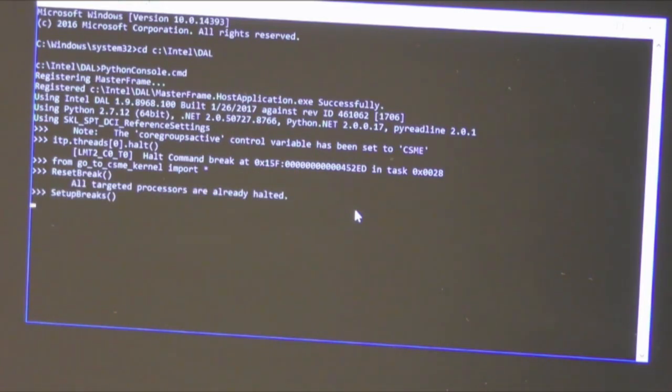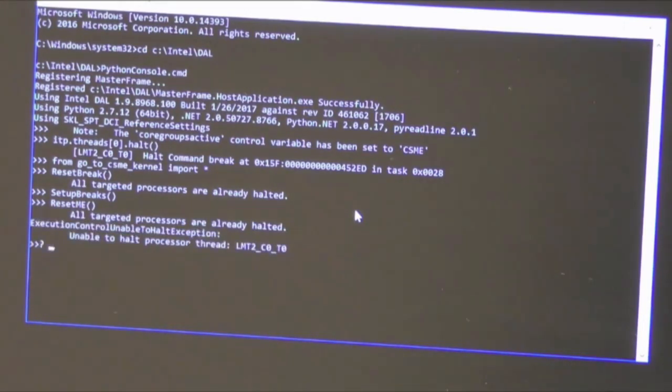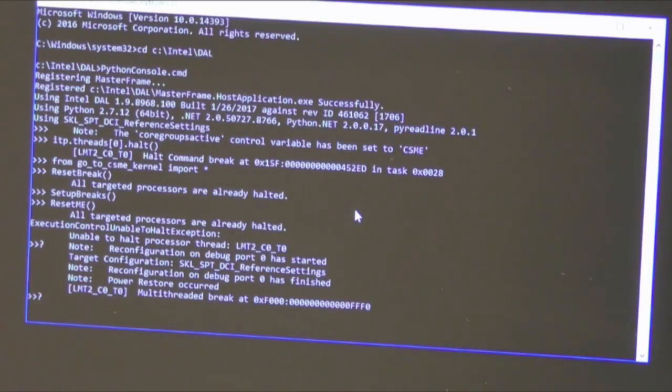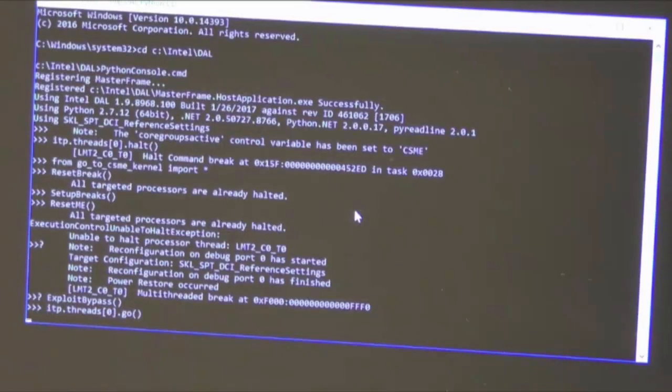It is not true. We activate JTAG via the vulnerability. We can step and debug the ME core from the reset vector, as you can see. Here we are rebooting Intel ME and it stops at the reset vector.